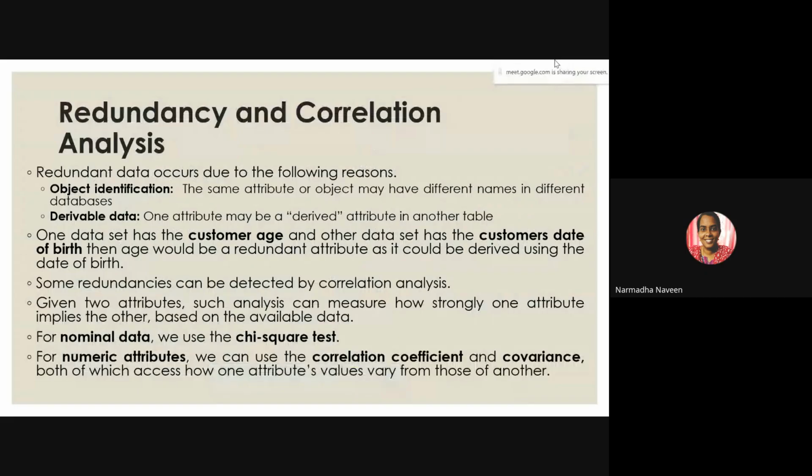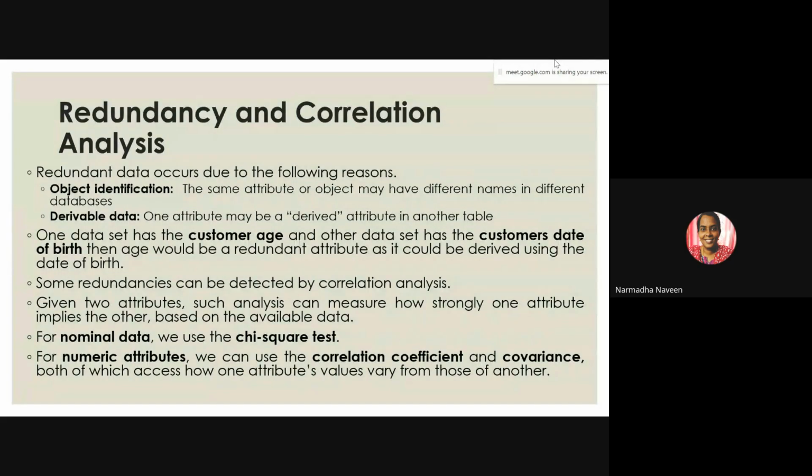Regarding redundancy and correlation analysis, redundant data usually occurs for the following reasons. The first one is object identification: the same attribute may have a different name in different databases.